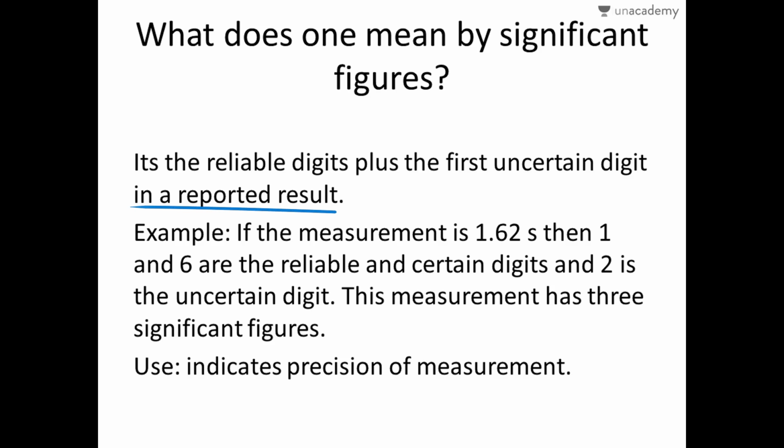For example, if the measurement is 1.62 seconds, then 1 and 6 are the reliable and certain digits, and 2 is the uncertain digit. This measurement thus has three significant figures, which are 1, 6 and 2.